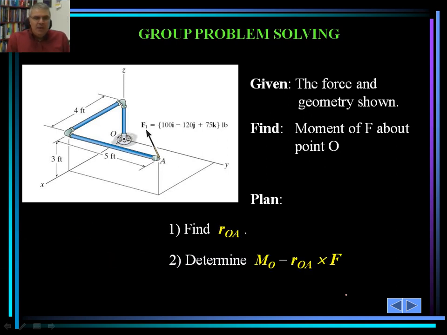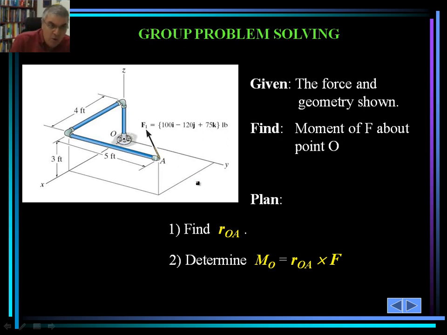Again, this is the one that requires a position vector, because simply the F1 that's shown here doesn't go through O. It goes through another point, and there's a distance between the point about which we would like to calculate the moment and the point where the vector is really applied.